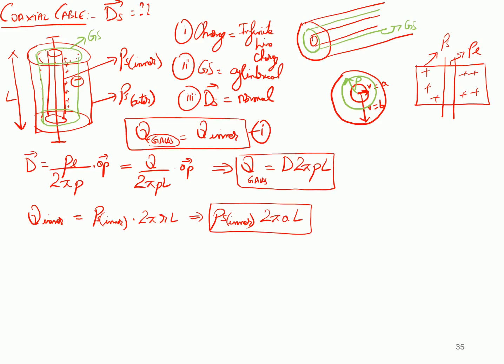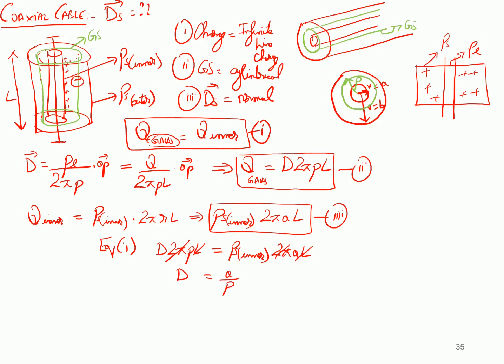Now we use these two equations, or we equate equation 2 and equation 3 as equation 1. From equation 1, if I input the values for both the scenarios, it is going to be dQ Gauss is equal to rho L times 2 pi rho, and it is equal to rho s inner times 2 pi a of L. If we cancel out the values of 2 pi and length, the electric flux density comes out to be the ratio of a divided by rho, into rho s of inner.